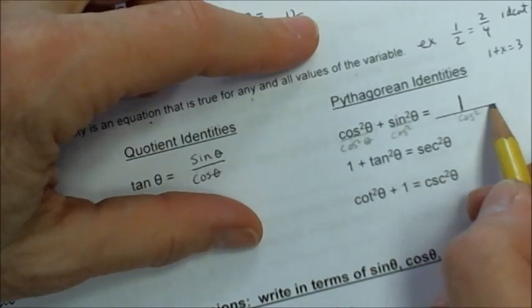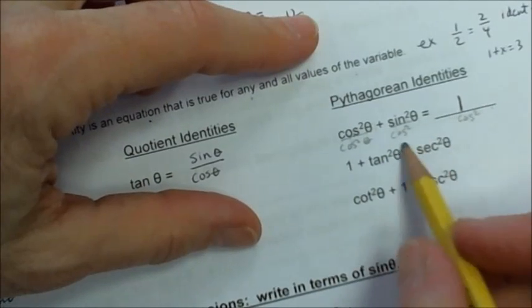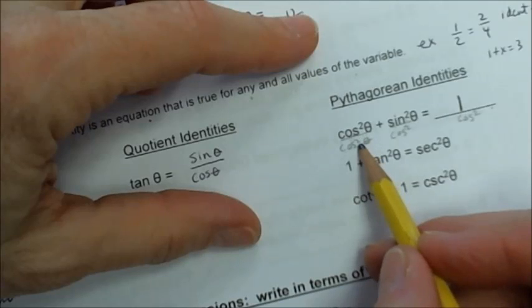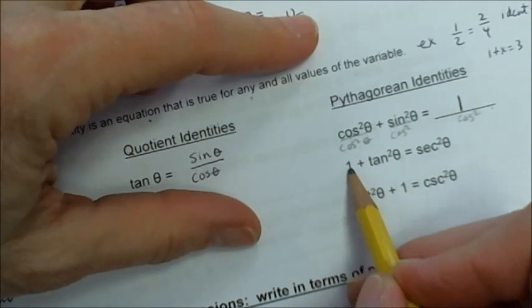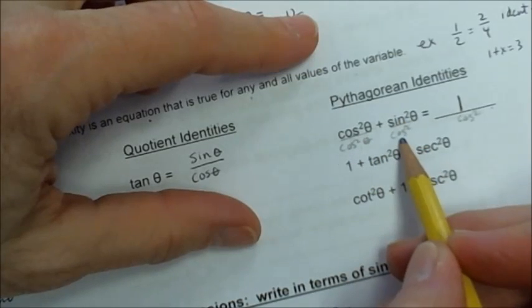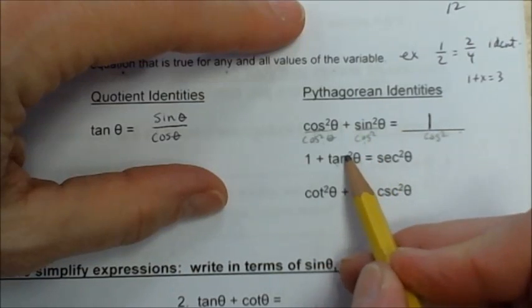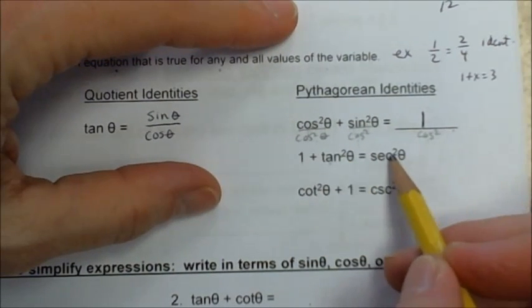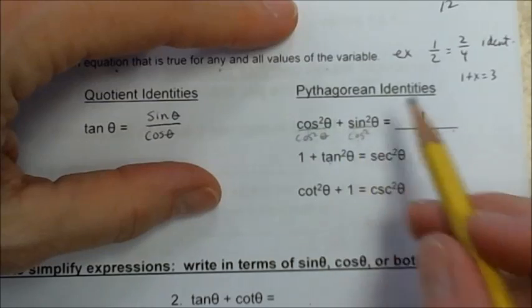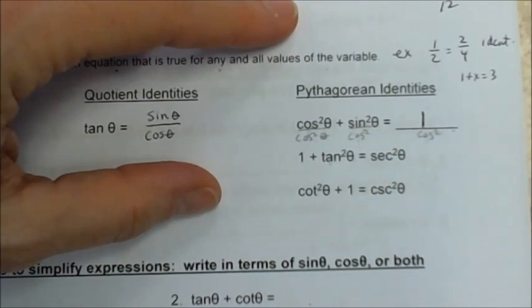All we're doing is taking each term and dividing it. You get cosine squared over cosine squared, which is 1, sine squared over cosine squared, which is tangent squared, because sine over cosine is tangent, and since 1 over cosine is secant, this is another Pythagorean identity that can be used sometimes.